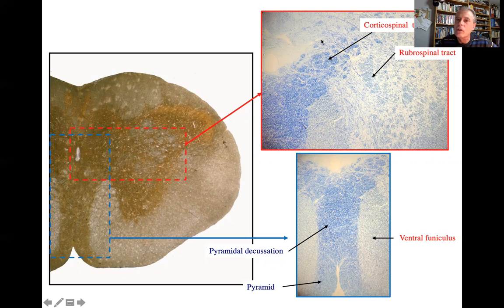It is the corticospinal tract. And ventrolaterally to it, we have the rubrospinal tract. Look at it again in this area: you see the pyramids, the fibers that go up, they decussate, forming the decussation of the pyramids, and they move laterally in order to form the corticospinal tract with its location in the spinal cord.